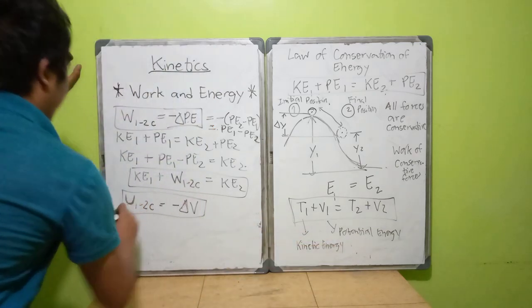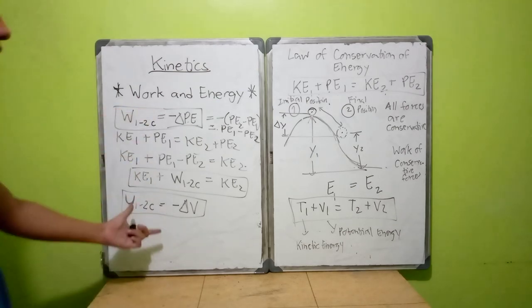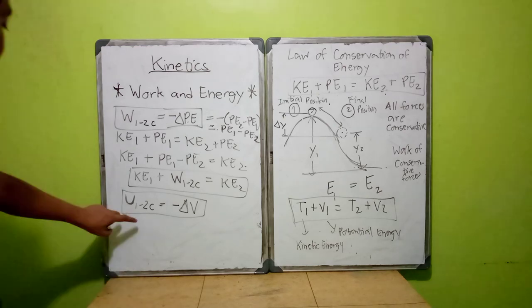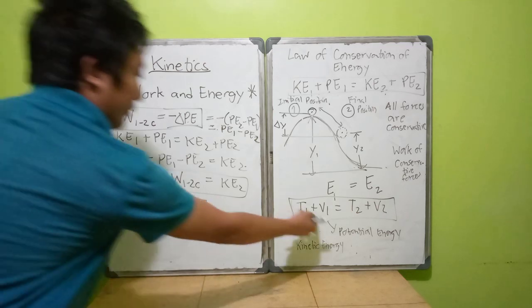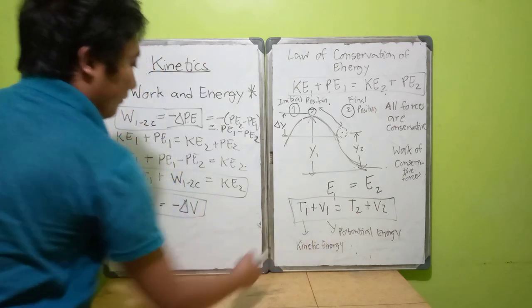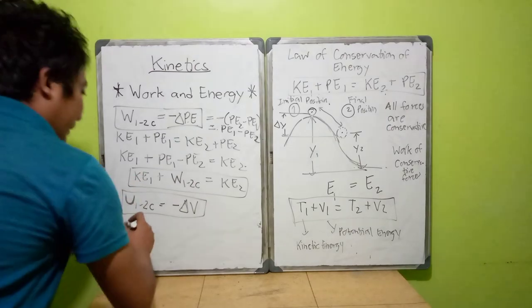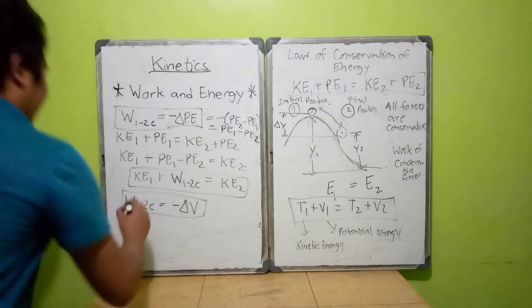So instead of this formula, you use this formula depending on the denotation of the reference you are using. You can convert this into a form in which T1 is kinetic energy, V is the potential energy, and U is the work.